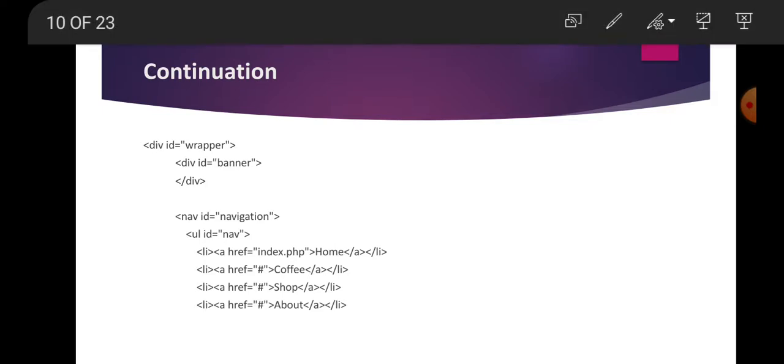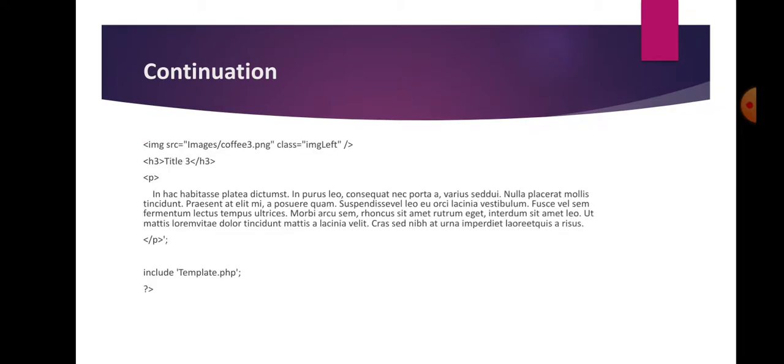Next, the unordered list is named nav. That unordered list consists of a link, index.php, which will be displayed as home. Next, the coffee shop website link. These are all under template.php.